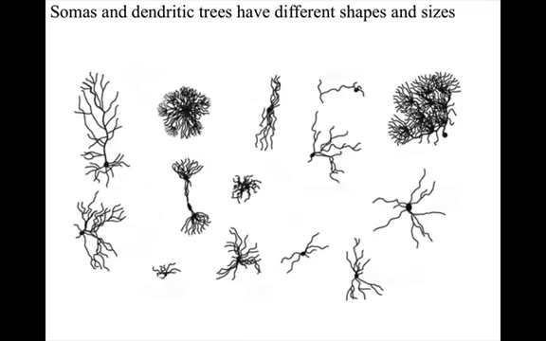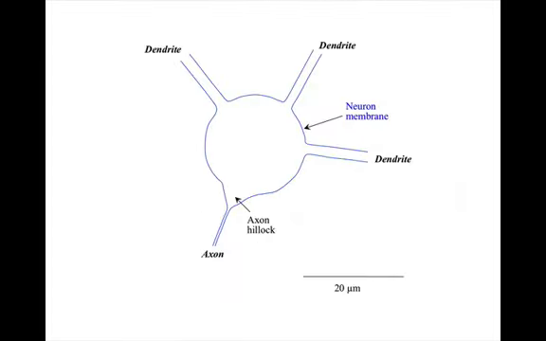But beyond physical shape, there can also be significant differences in the chemicals and the chemical processes within different types of neurons. So let's have a closer look.